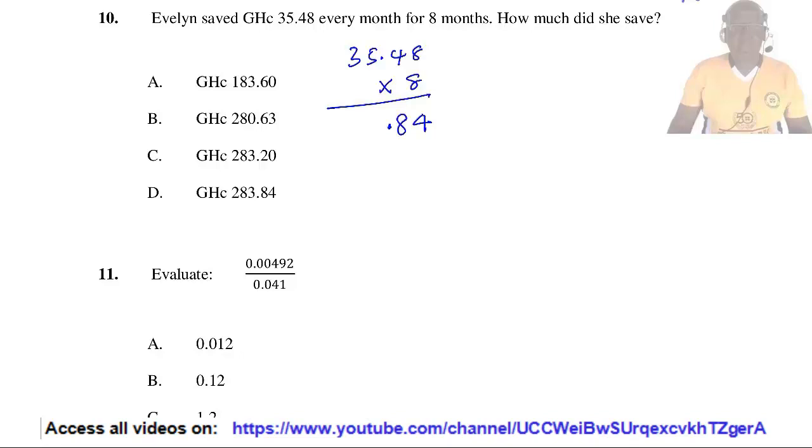Then 8 times 5 is 40 plus 3, 43. 8 times 3 is 24 plus 3, 27. So the answer is D.